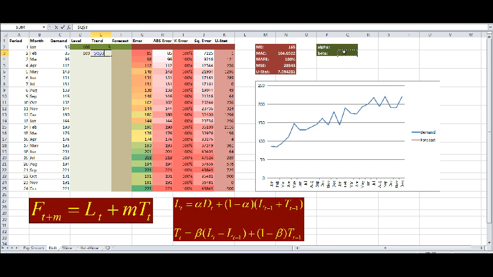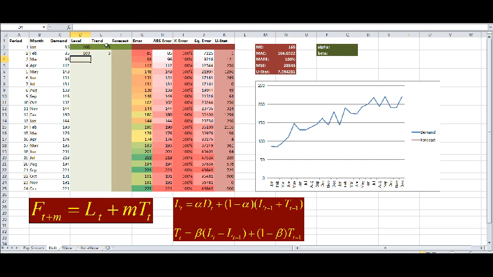I'm going to fix that by hitting F4, multiplied by the level at time t, which is the level we had just calculated, minus the level at time t minus 1, which is right here, and we close the parenthesis, plus 1 minus beta, again fixed, multiplied by the trend at t minus 1, so the previous trend we had.